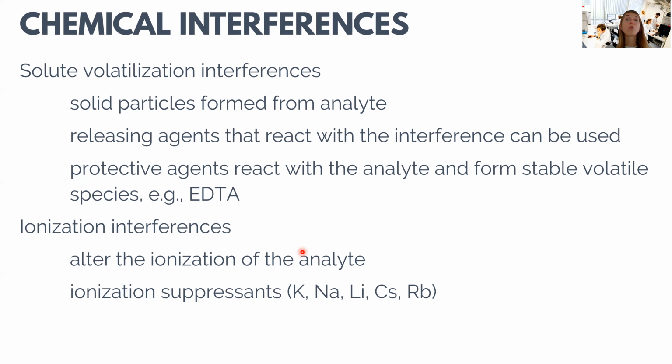In order to avoid this, we do something interesting, namely we usually add very much of these very easily ionizing metal atoms to our flame by using an ionization suppressant. So this is a mixture that can contain potassium, sodium, or other easily ionizing elements.